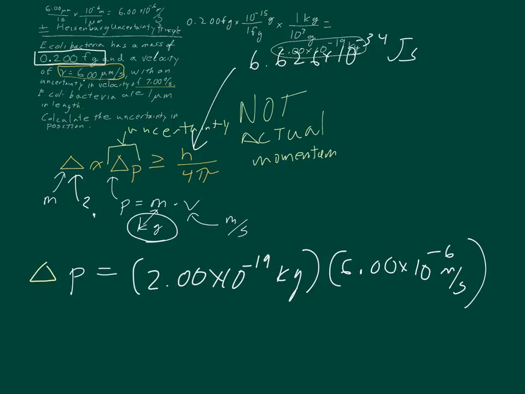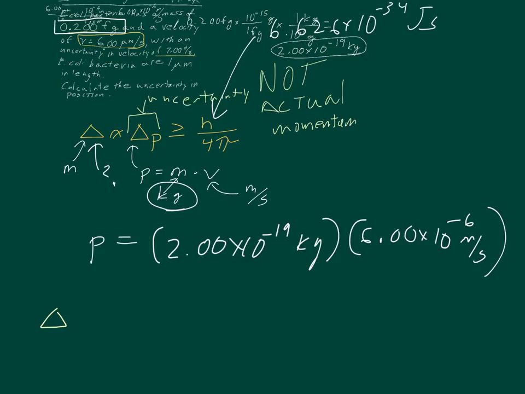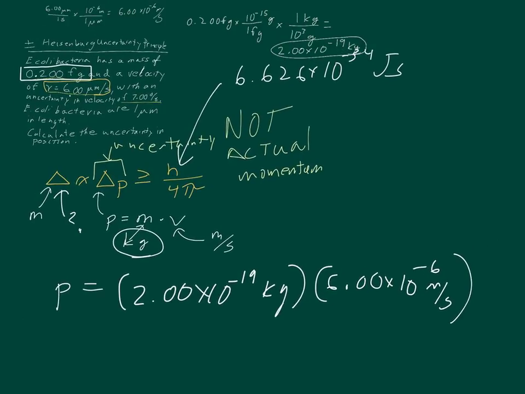What I have right there in front of me right now, that term where I have my mass times my velocity, that's momentum, not uncertainty in momentum. This is the actual momentum.